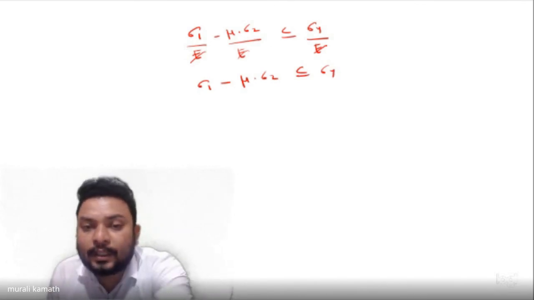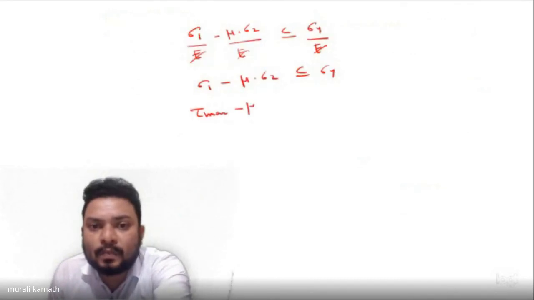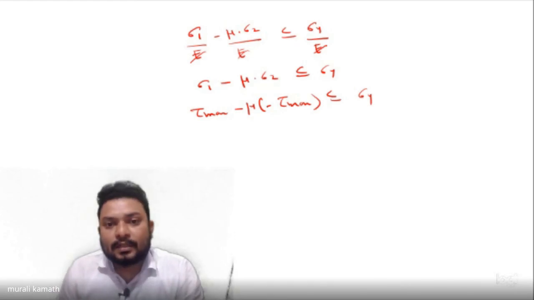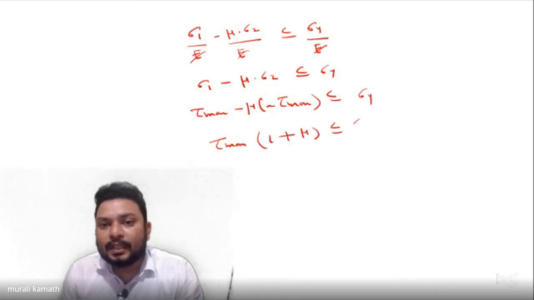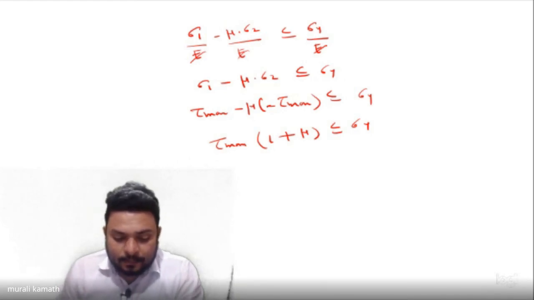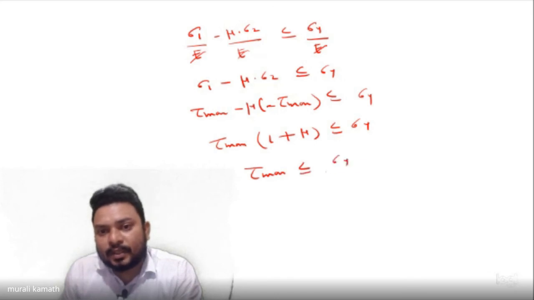Now already you know sigma 1 is tau max minus mu times minus tau max less than or equal to yield stress, right? So in this case, minus minus plus, so tau max into 1 plus mu is less than or equal to your sigma y. So tau max is less than or equal to your sigma y by 1 plus mu, right?